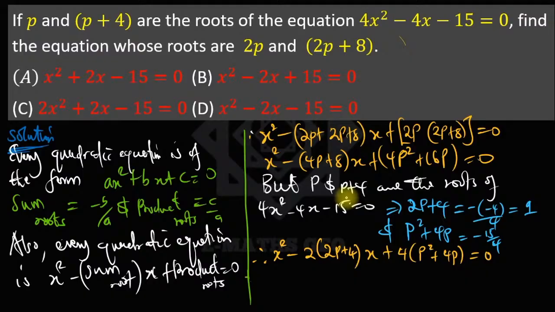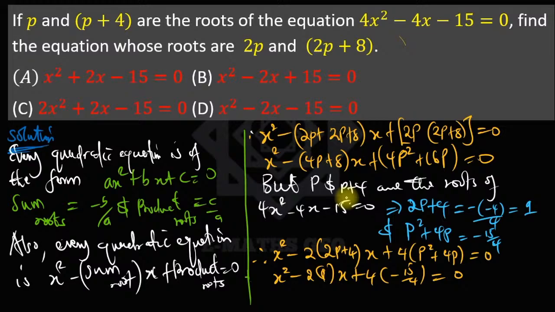So we substitute: x squared minus 2 times 2p plus 4, which is 1, times x, plus 4 times p squared plus 4p, which is minus 15 over 4, equal to 0.